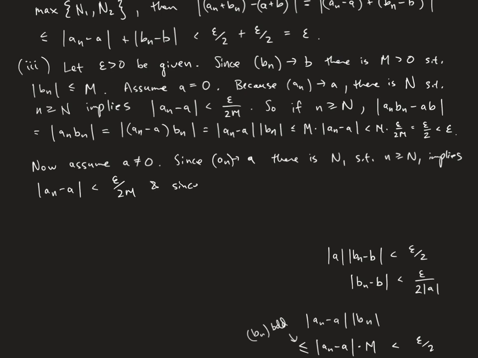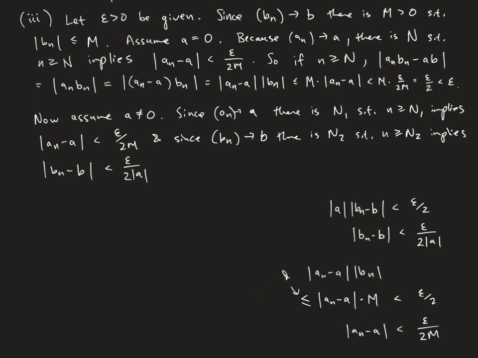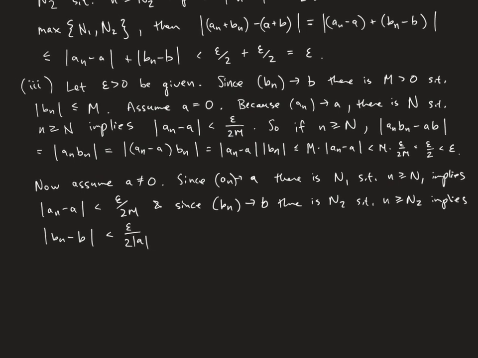And since the b_n's go to b, there is N2 such that when n is bigger than or equal to N2, that implies that the difference between b_n and b is less than, in this case, epsilon over 2 absolute value of a. Okay, and then finally, we don't need this for reference anymore, and we can just run through the argument.